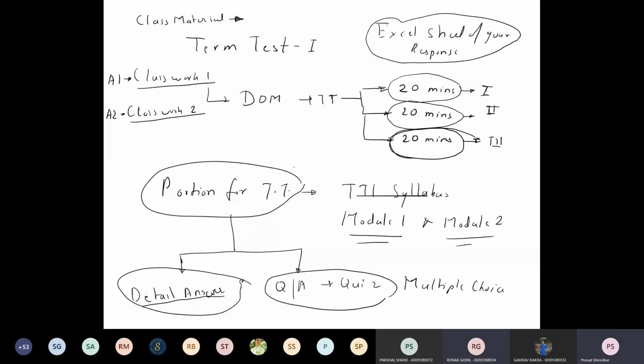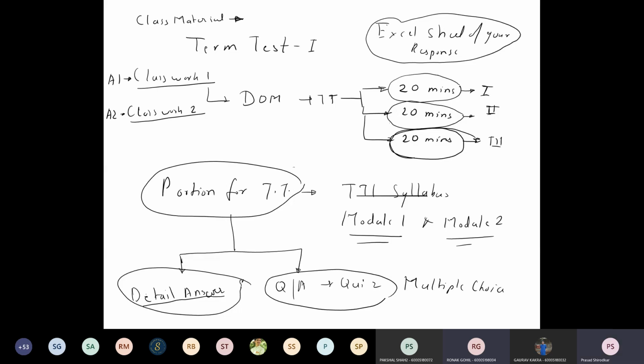Sir, all these things will be done in Google Forms, right? No, in your MS Teams. No Google Form. Sir, how will the quiz and test be taken, in Google Forms or something else?